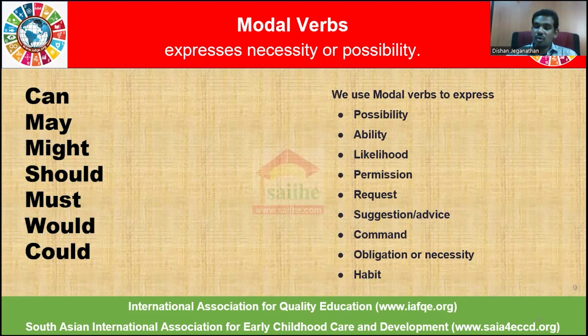Also, they are used for possibility or to express uncertainty. Would is used to refer to the future in the past, conditional statements, and regular occurrences in the past. And should is used to express expectancy or propriety.